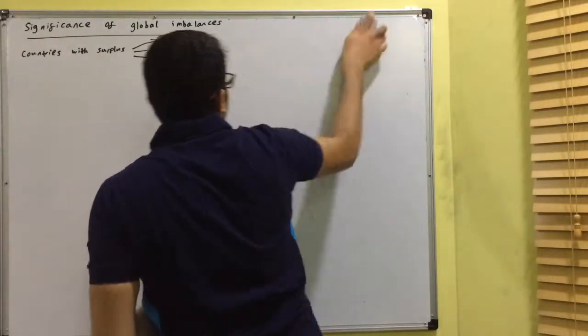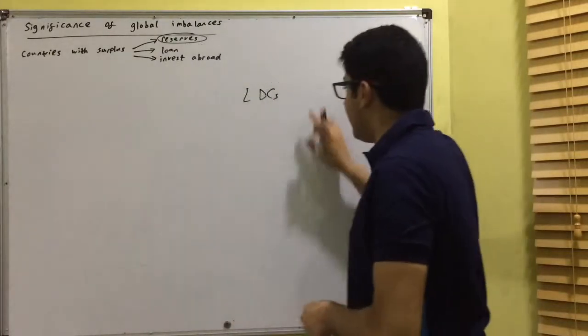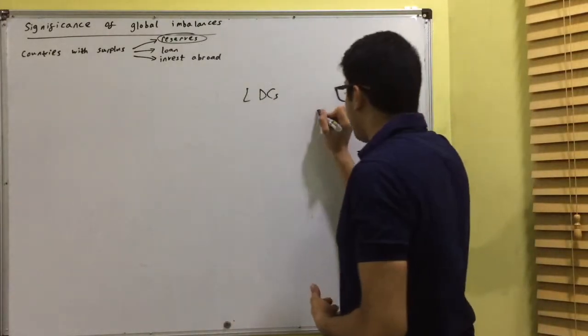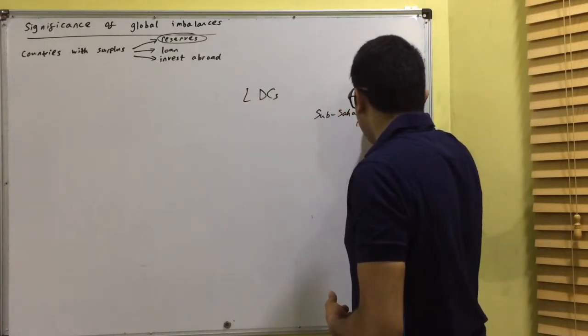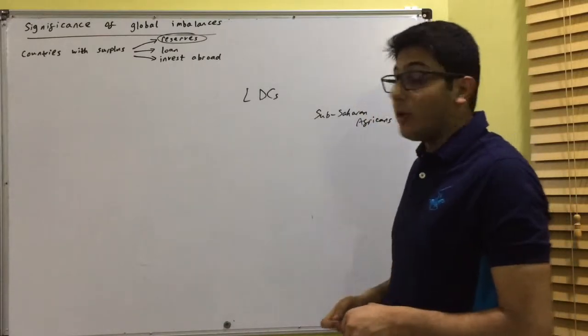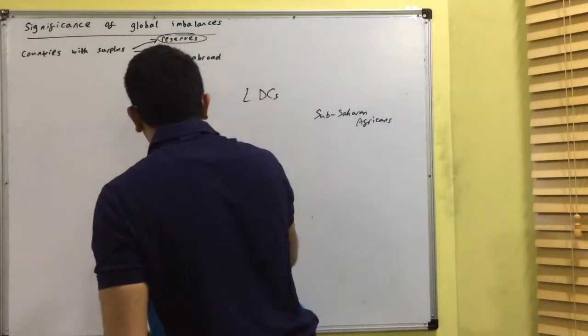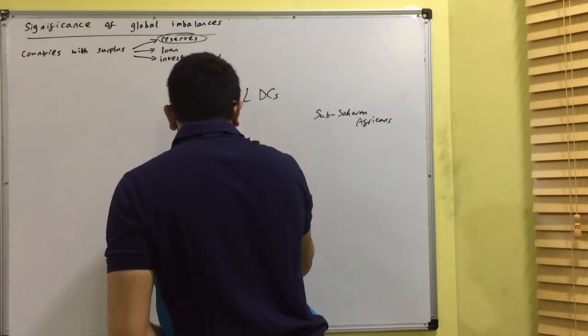For least developed countries, LDCs, and developing economies, like specifically sub-Saharan African countries, okay, their economies are not as developed as say the West. They usually have a current account deficit, or at least a trade deficit.